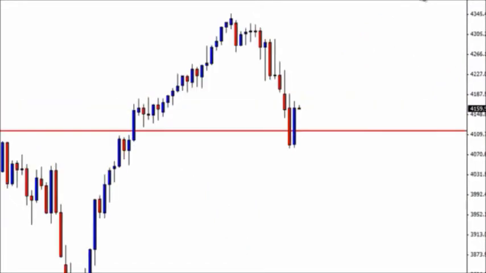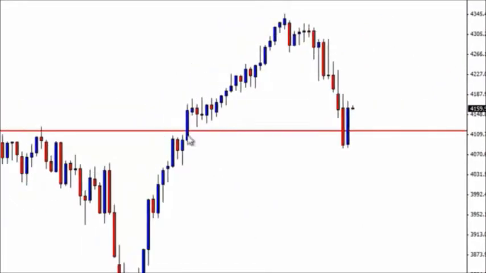If I push this chart back here, you'll see now that if price had not made this nice arc, and if price had instead formed like this, there would be no space, and price would be trading straight back into a resistance here.